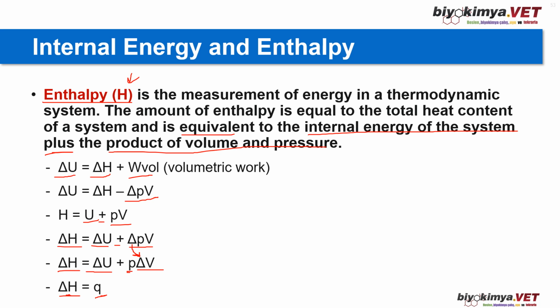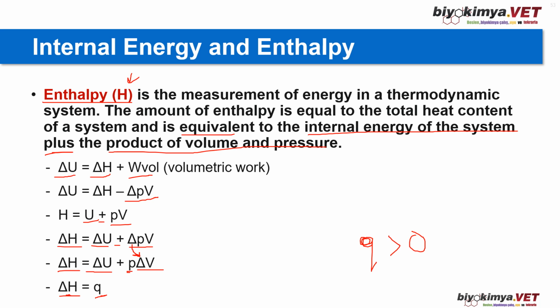An endothermic reaction is one that absorbs heat, which means heat is consumed from the environment in the reaction, and hence Q will be greater than 0, or positive. If Q is positive, then the enthalpy change is also positive at constant pressure and temperature.